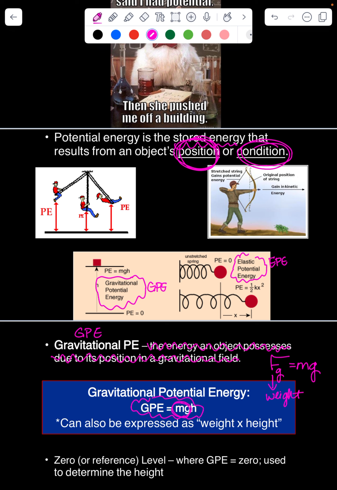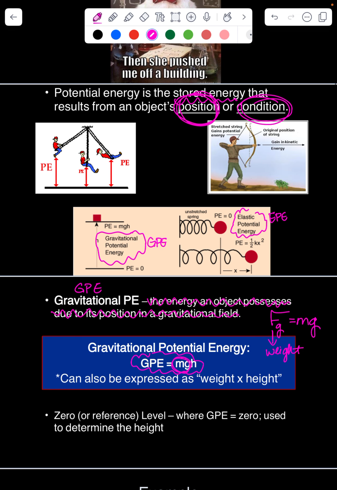If I'm given the weight of something, I can multiply it by its height and get my gravitational potential energy. Gravitational potential energy is the work done against gravity to place an object at a certain height. The higher the object is, the more gravitational potential energy it has.